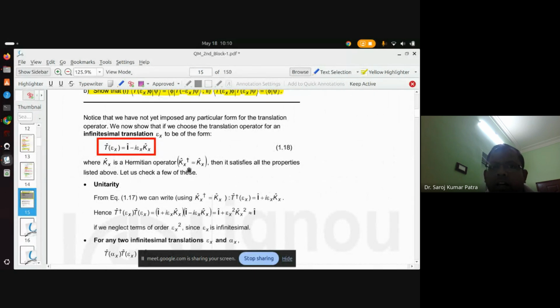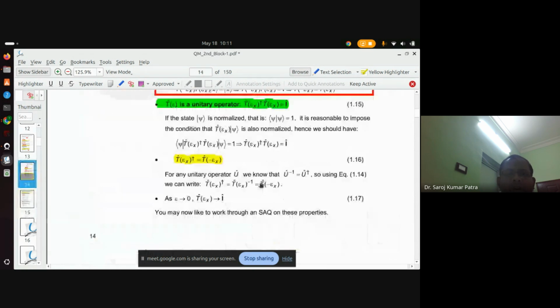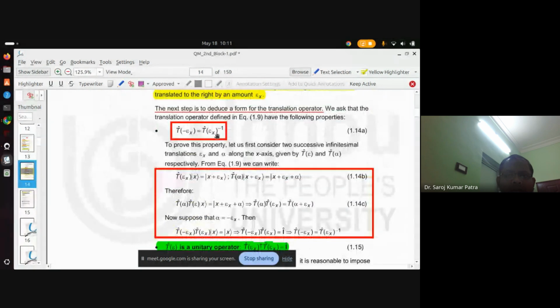If you take T dagger, it will be I dagger, then minus I will become plus I, epsilon x is just a number, then kx dagger is equal to kx because it is a Hermitian operator. We have chosen it like that. So we will use this kind of form in the next one also. It is very important that this form of the operator satisfies the requirement that has to be satisfied by a translation operator.